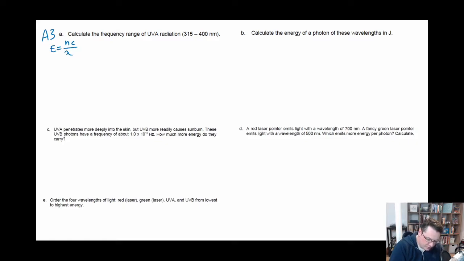And so if we first calculate the one for 315, the frequency range, not the energy range, would be nu equals c over lambda. C is the speed of light.